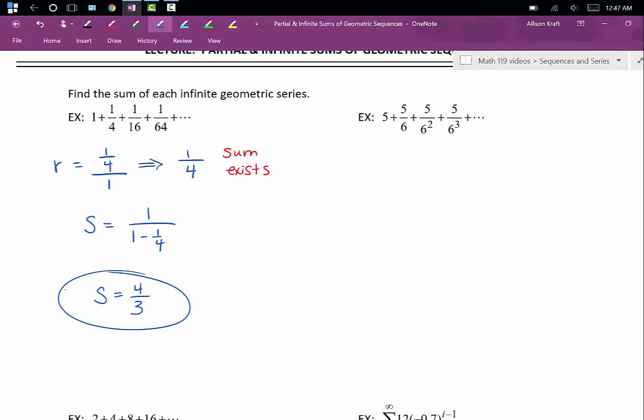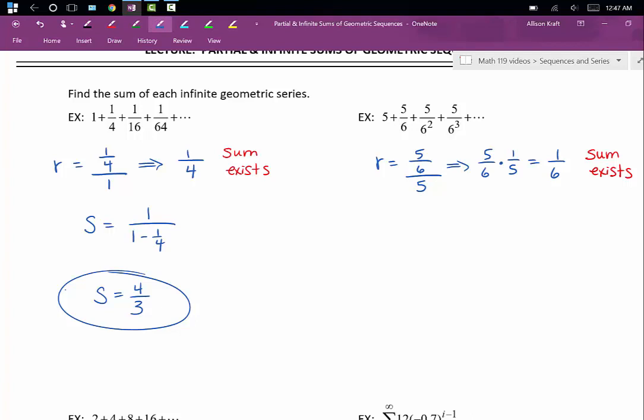Let's try the next infinite geometric series. We want to start by finding the common ratio. I'm going to take my second term and divide it by my first term. It's going to give me 5/6 times, I'm doing the reciprocal here, 1/5. I get a common ratio of 1/6. That falls in between -1 and +1, so I know that my sum exists.